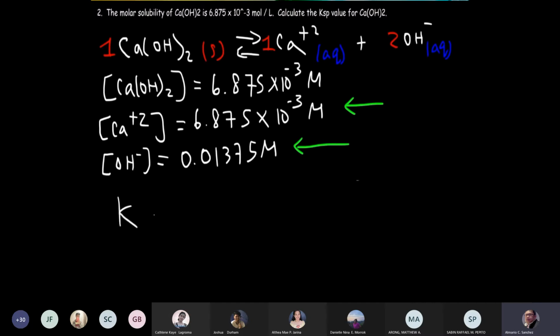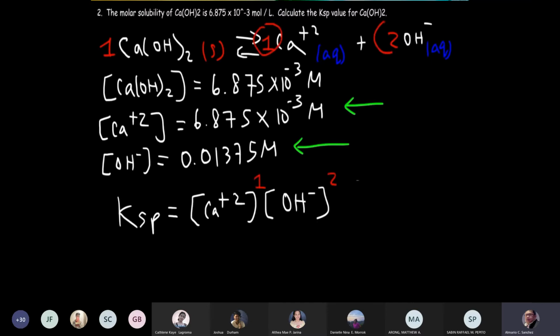And so KSP, based on this reaction, is going to be equal to the calcium ion concentration multiplied by the hydroxide ion concentration, but that's going to be raised to the second power. Keep in mind the coefficients turn into the exponents in the equilibrium expression. So now we just got to plug in the numbers that we have.